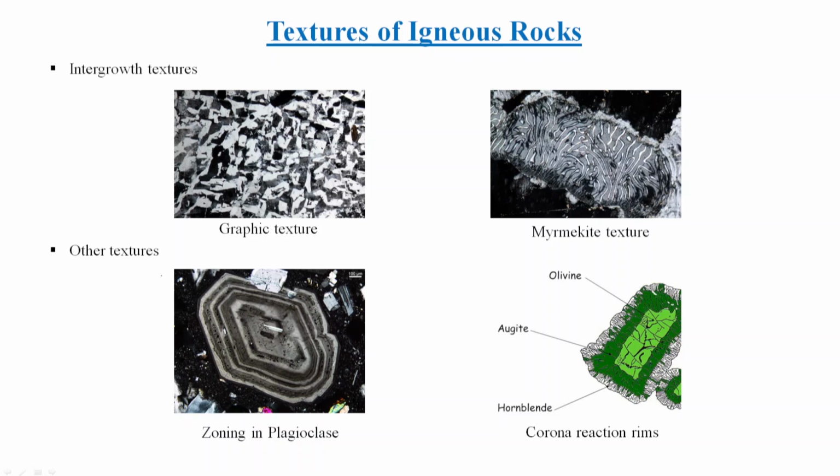So in case of zoning, what happens is that there is some difference between the specific composition of the outer ring with respect to the inner one, then the outer one, again the inner one. So you have alternate rings here like this, and they are referred to as zoning in plagioclase. There are also 4 to 5 types of zoning that are possible in plagioclase.